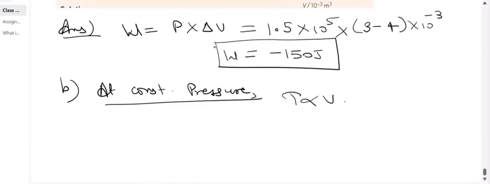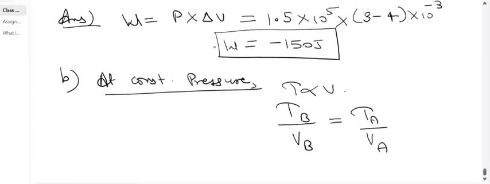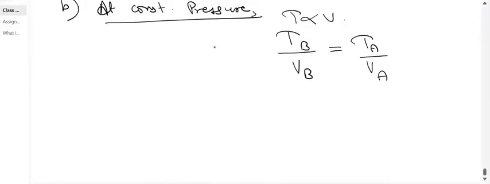Okay. So here we can write that volume is proportional to temperature. Understood? Right or not? Yes, ma'am.